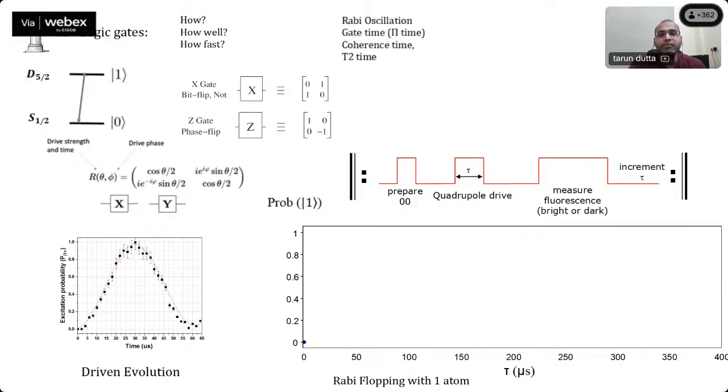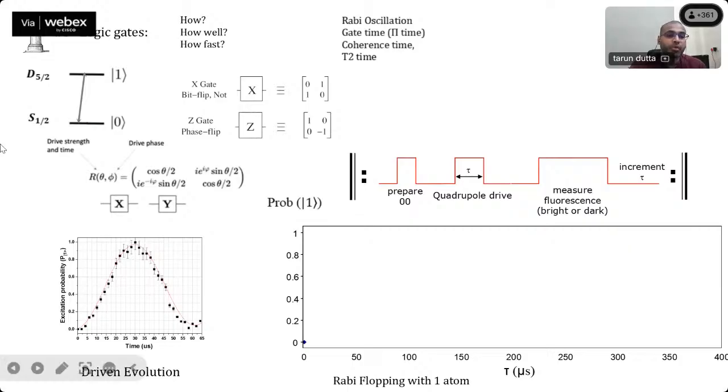If you populate the D5 by 2 state, the population will stay there because it has a lifetime of about 30 seconds. So this is what we have chosen for our qubit. If it is a metastable state, it will be less noisy. If it is a dipole, then it will be much more prone to noise.